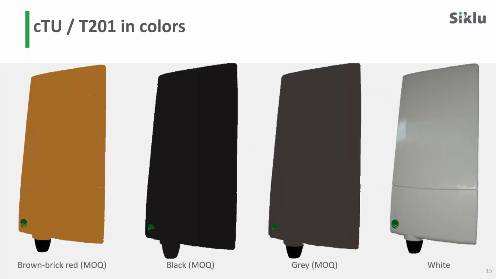As you can see here on the slide, we don't paint the unit, we inject the plastic with the desired result, and the result is the quality is more uniform. It's better looking in general than something which is painted. But obviously there is this MOQ expectation which might not work for everybody.